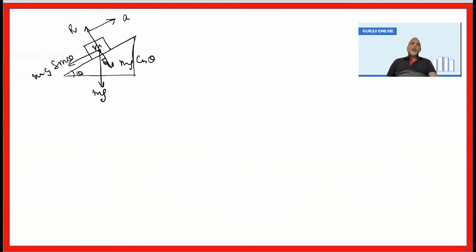With reaction R. Now since it is going upward, the friction force, since it is actually having friction, will also act in this direction. And your F will be nothing but mu R, mu mg cos theta.